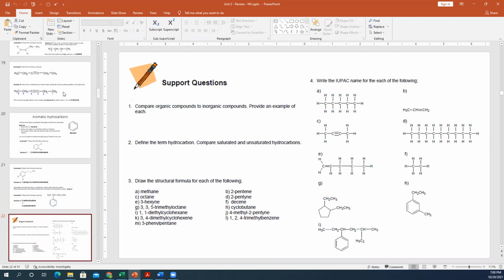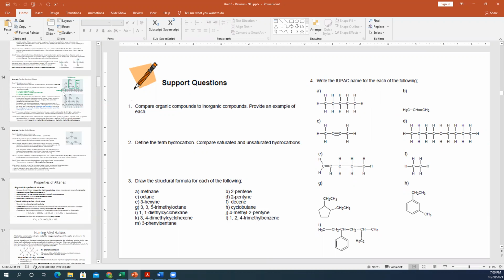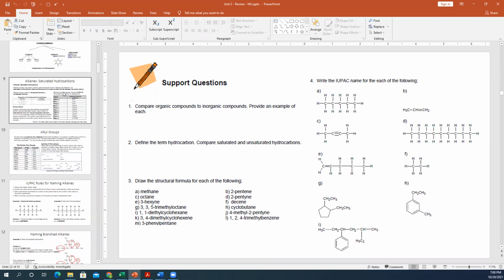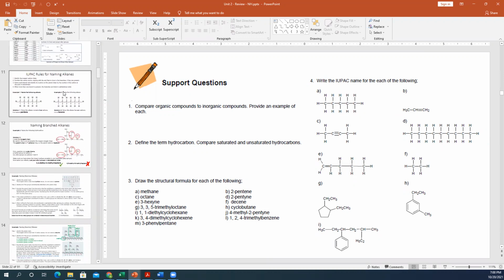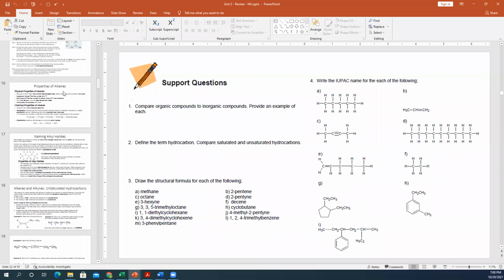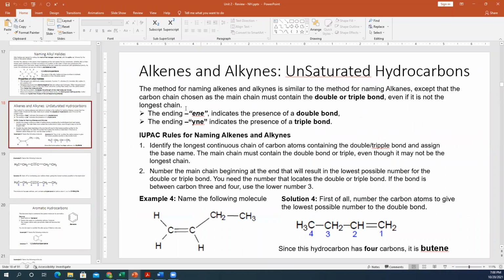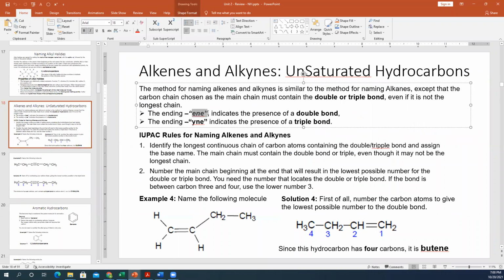Because if you remember back to our slide here, and I'm trying to find the right slide. Unsaturated hydrocarbons, right. So the ending "ene" indicates the presence of a double bond.